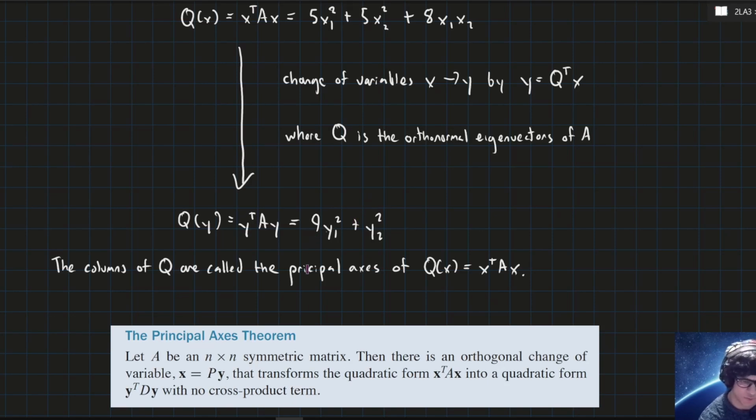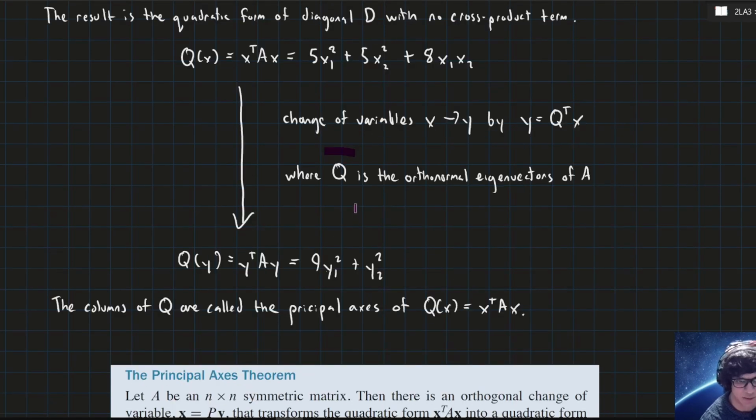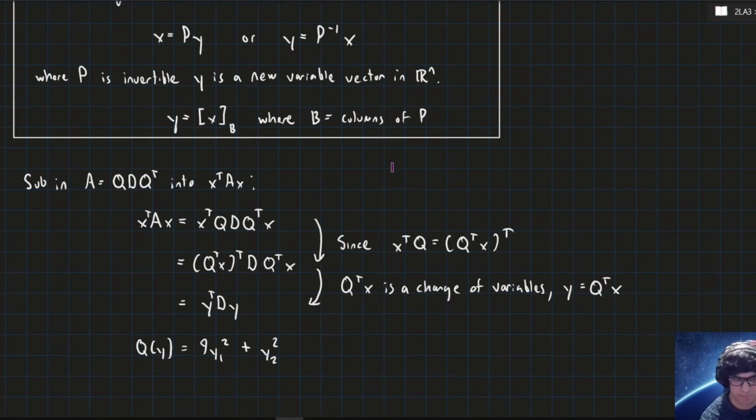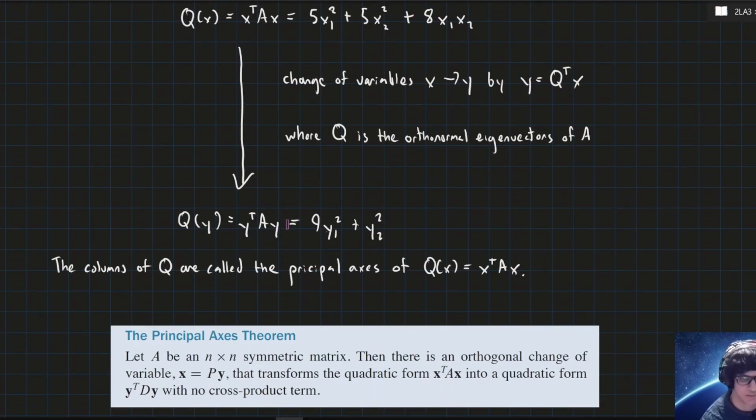Whenever you have a quadratic form in a variable x, you can always transform it into a quadratic form without any cross product terms, just by doing a change of variables, x to y, where they're connected by the Q that comes from the orthogonal diagonalization of A, since A is symmetric. So that's the lesson of this part. This is always possible.